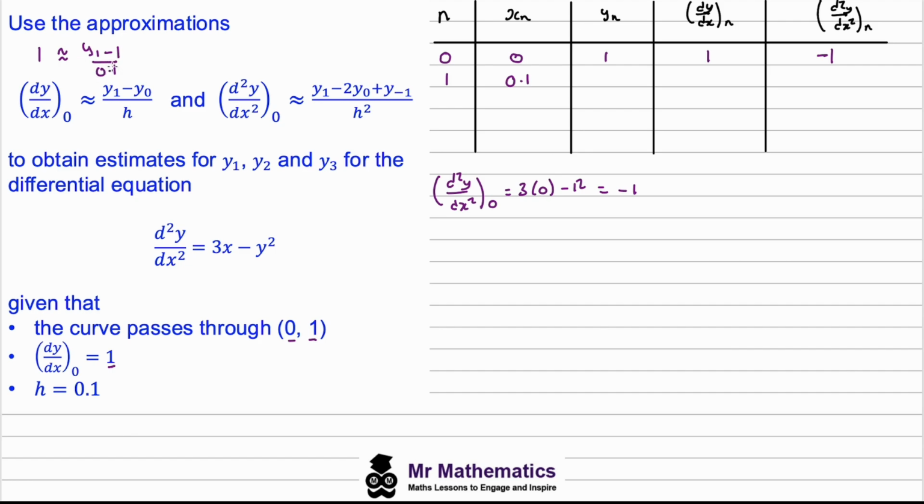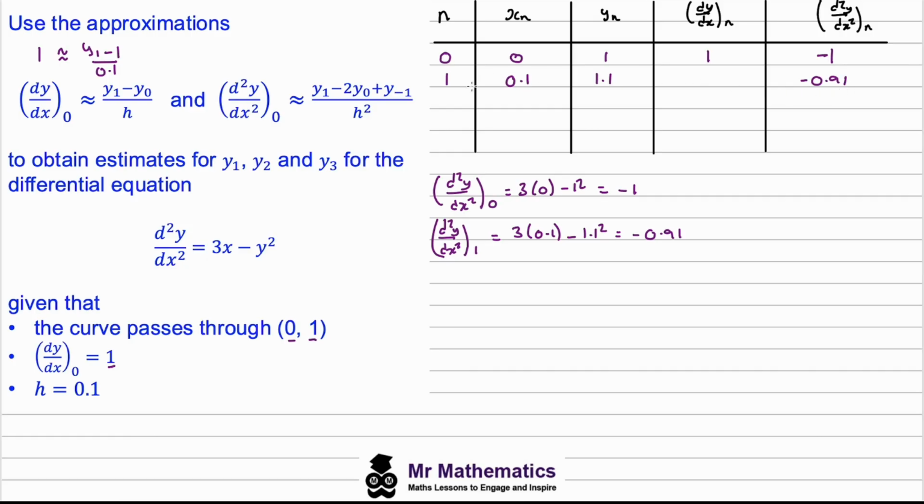To solve this, we'll move the 0.1 to the left-hand side and add 1 to both. So y1 will be 1.1. Now we've got x and y, we can work out the second derivative. So d squared y over dx squared, in our first iteration, will be 3 lots of the x, which is 0.1, minus the y, which is 1.1 squared. And this will give us negative 0.91. I'll put that into our table.